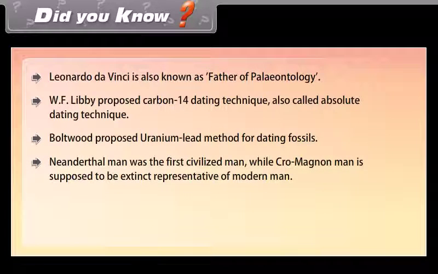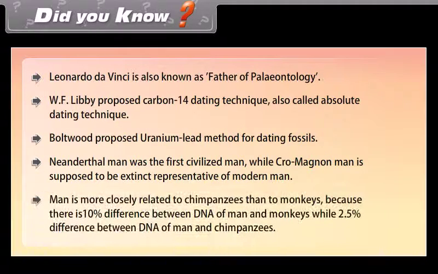Neanderthal man was the first civilized man, while Cro-Magnon man is supposed to be an extinct representative of modern man. Man is more closely related to chimpanzees than to monkeys because there is a 10% difference between the DNA of man and monkeys, while 2.5% difference between the DNA of man and chimpanzees.